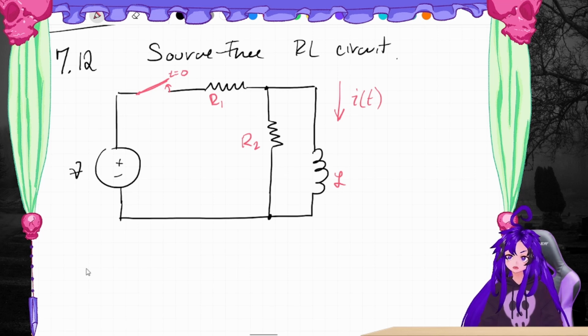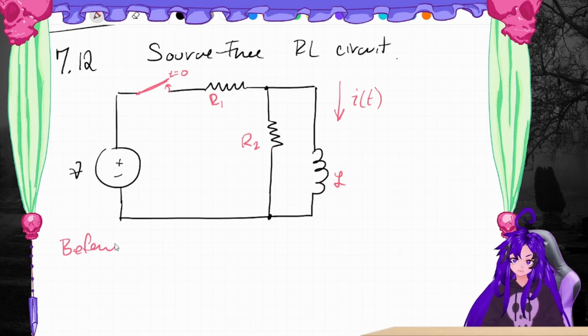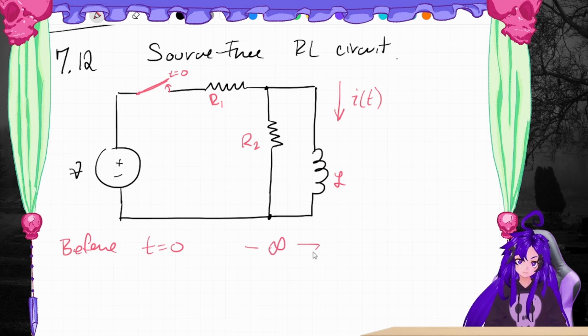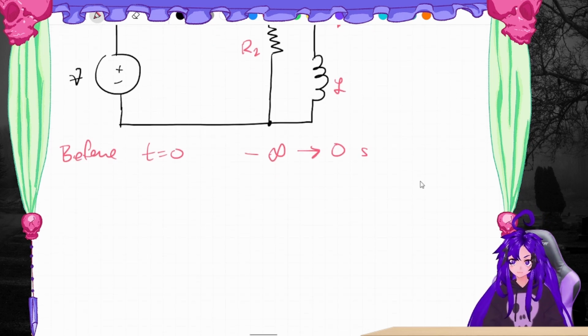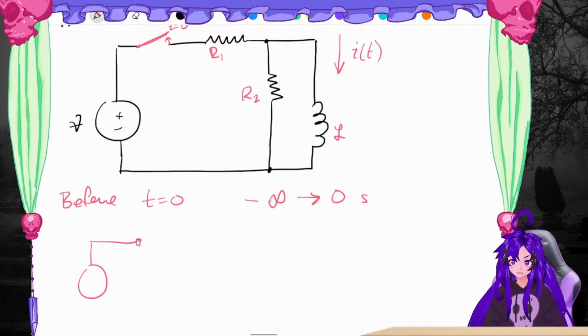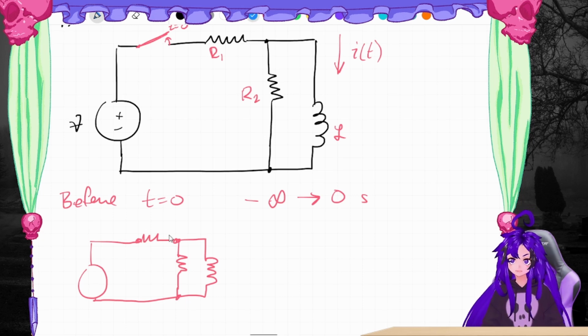So before t equals 0, basically minus infinity to 0 seconds, so basically forever before this, we had that resistor, this resistor, and this inductor, and everything was happening merrily.